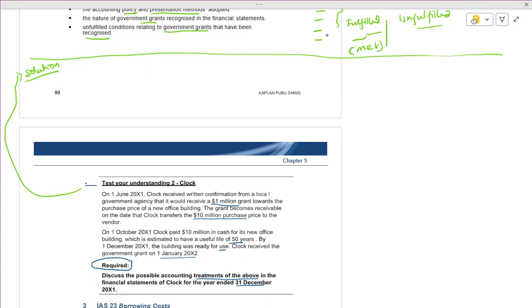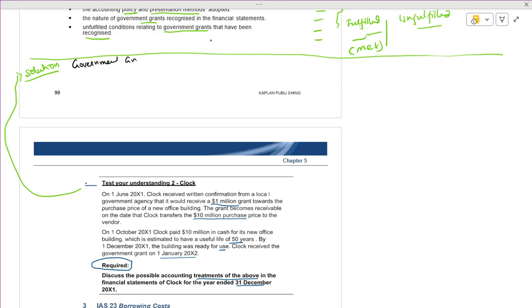Now, just for our understanding, what is the government grant?